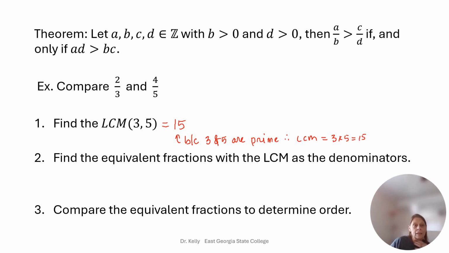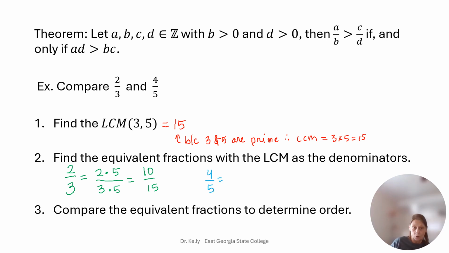All right. Then it says find the equivalent fractions with the LCM as denominator. So let's first do 2/3. I need to rewrite that so that it has a 15 on the bottom. I know that 3 times 5 is going to give me 15, so this is going to give me 10 over 15. Now let's do our 4/5.